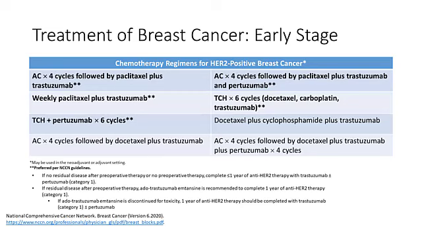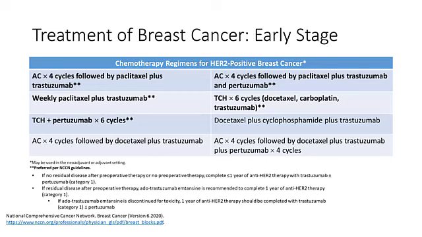One of the biggest differences in treatment of HER2 positive breast cancer in the curative setting in recent years is the change in adjuvant therapy with an anti-HER2 agent.